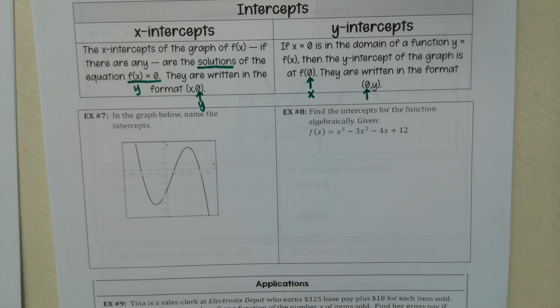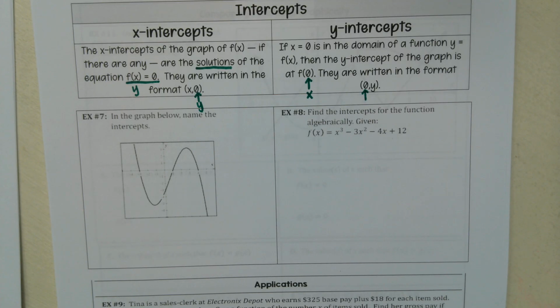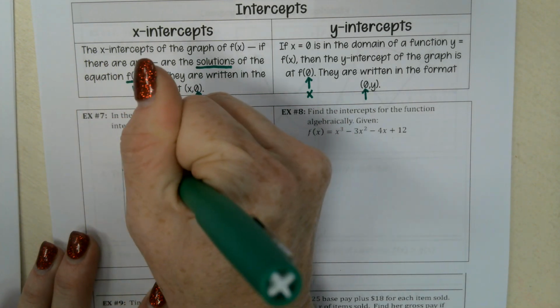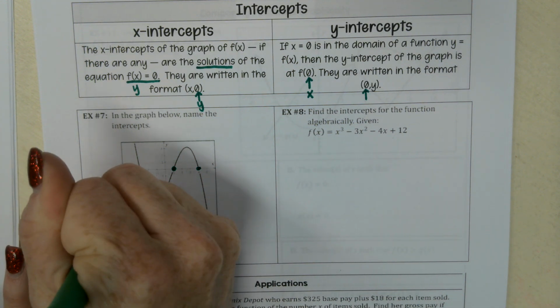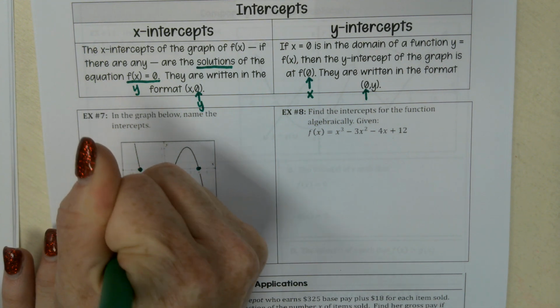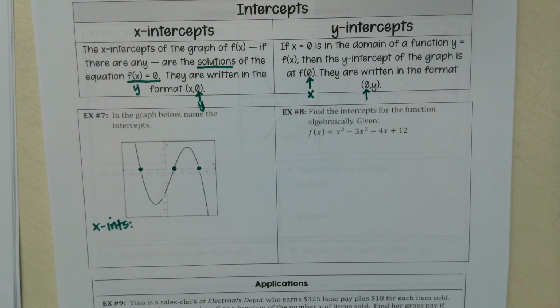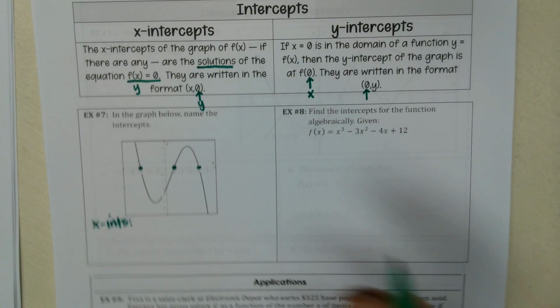So we're going to look at a graph and an equation and find the x and the y-intercepts. The graphs are the easiest because you can look at it and pick it out for the most part, okay? So I'm going to go mark my x-intercepts. Okay? I see that graph cross the x-axis 3 times.